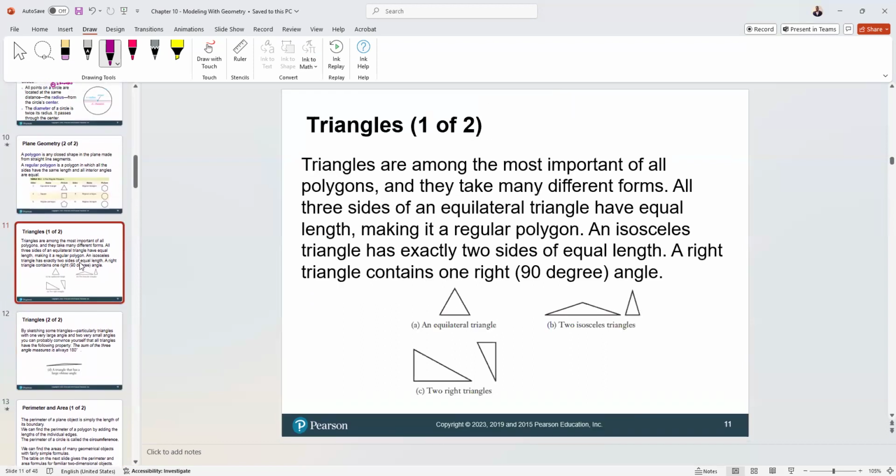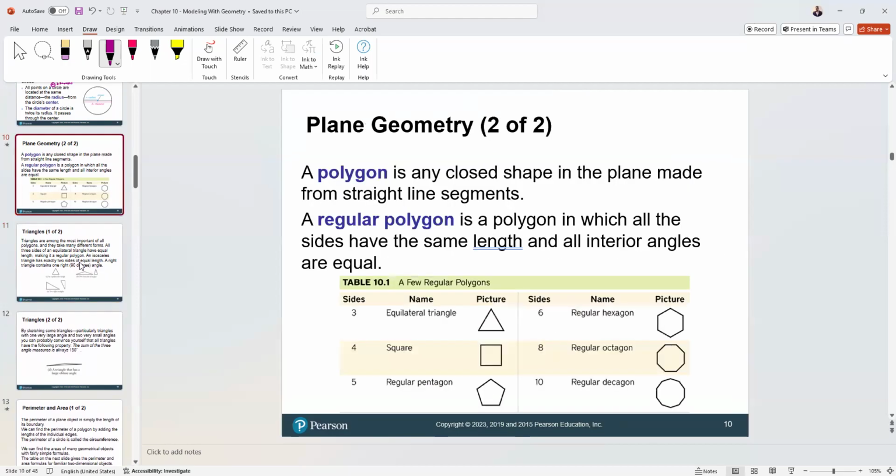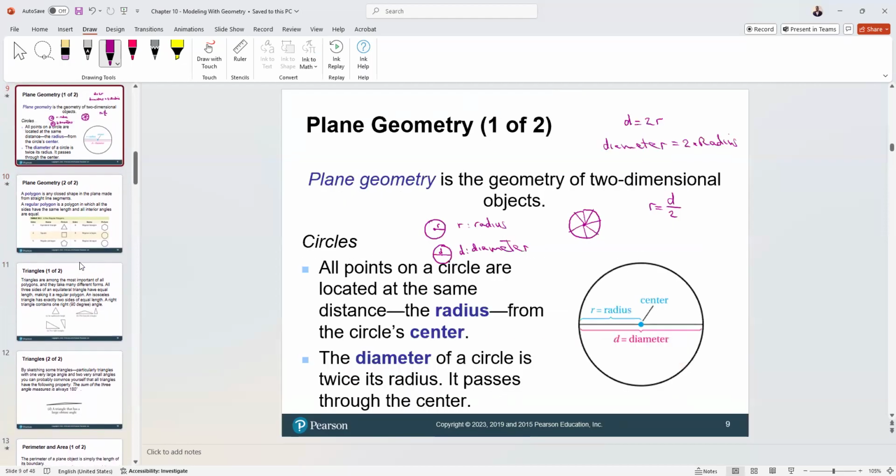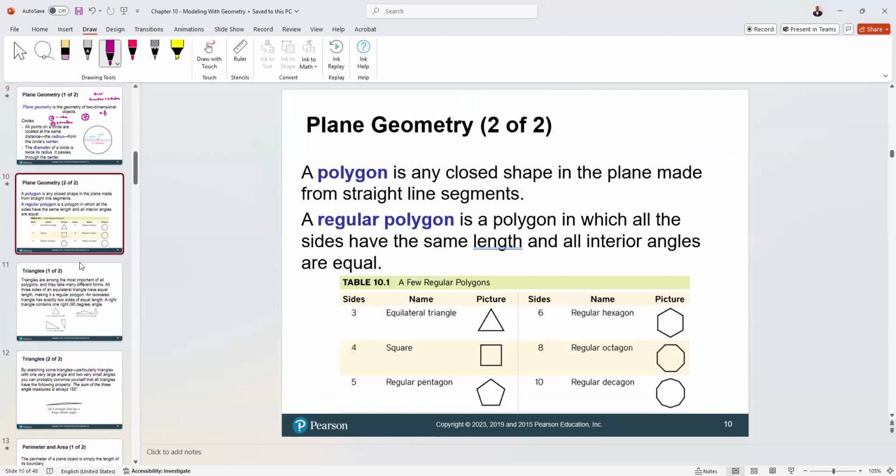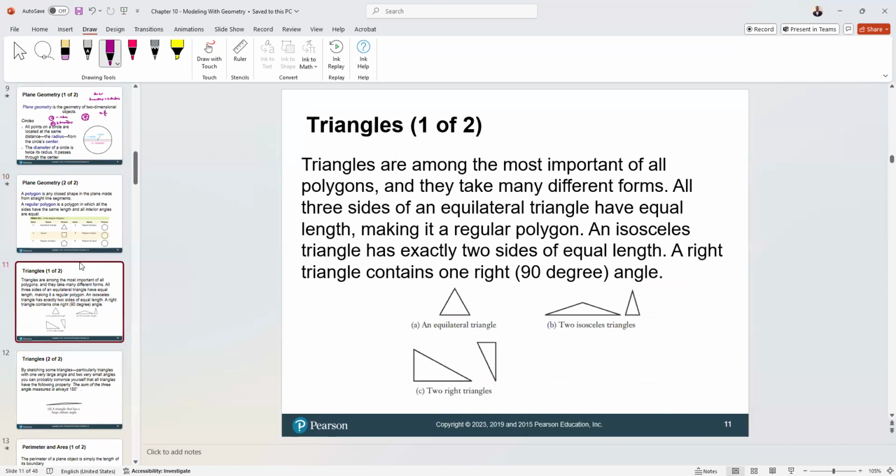It's better we talk about triangles also. We said that polygons and circles are the most common two-dimensional objects, and you understand a circle is a really round shape with a center and a radius or diameter. A polygon is any closed shape in the plane made from straight lines.